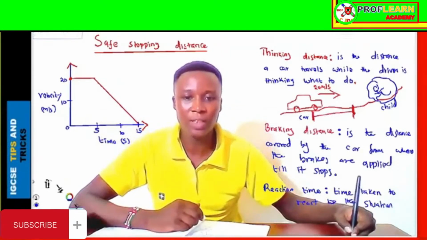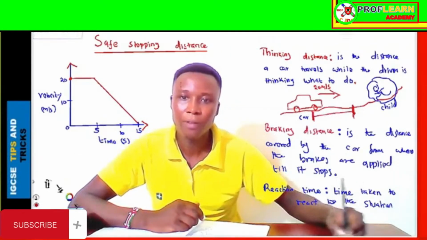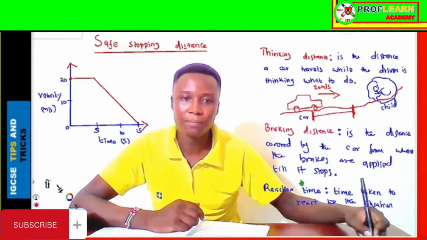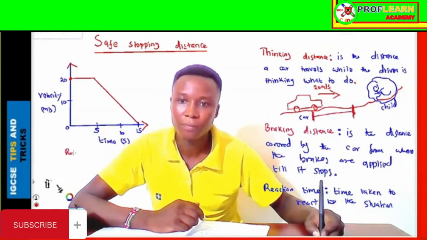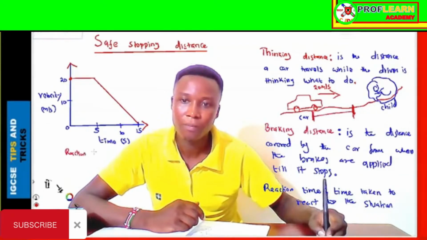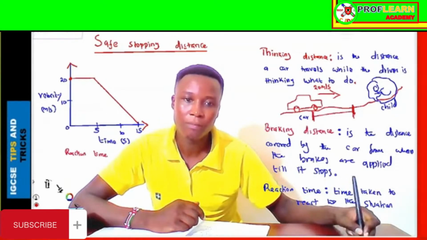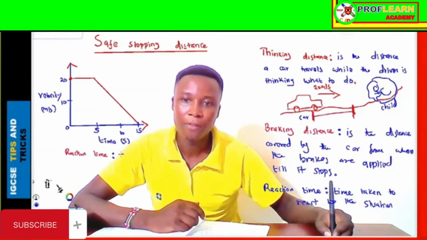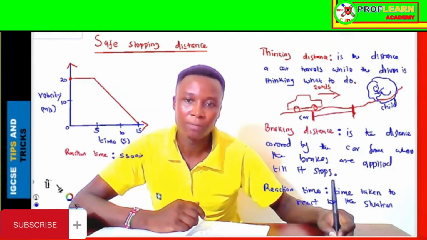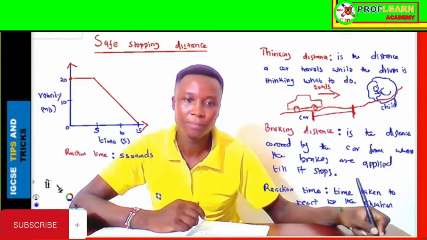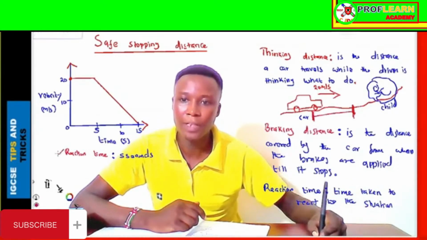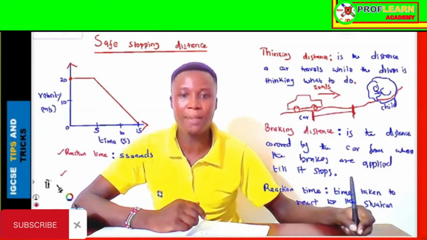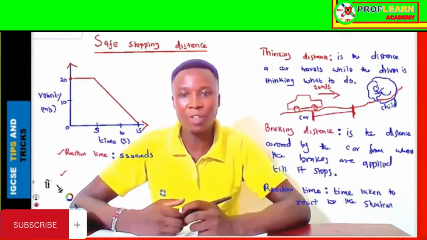So in this case, we can say reaction time is 5 seconds. That's question number 1 that you may be asked given a velocity time graph.